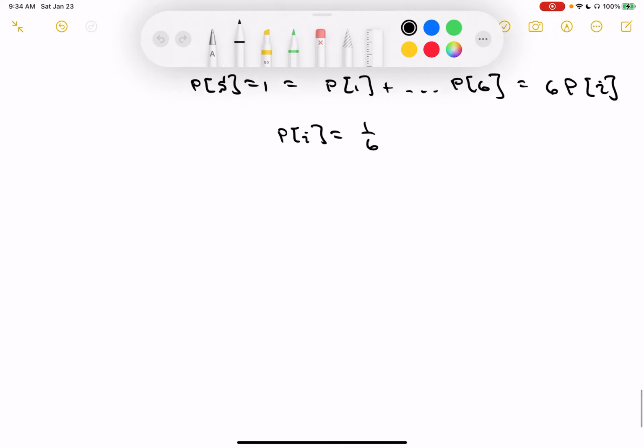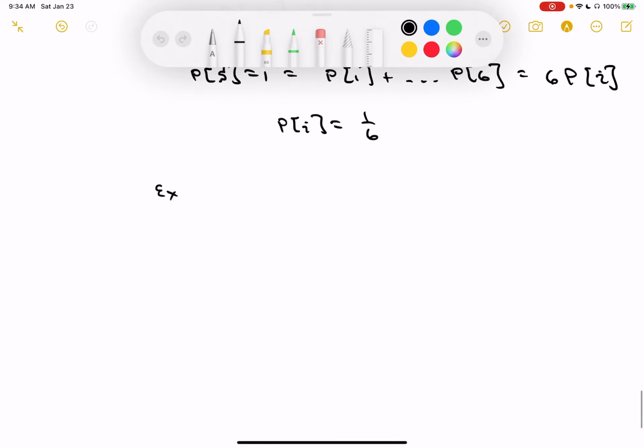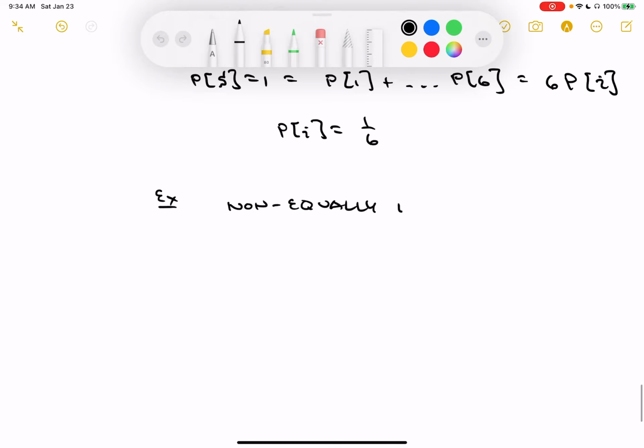How about we twist this just a little bit? Let's look at non-equally likely outcomes for a weighted die.